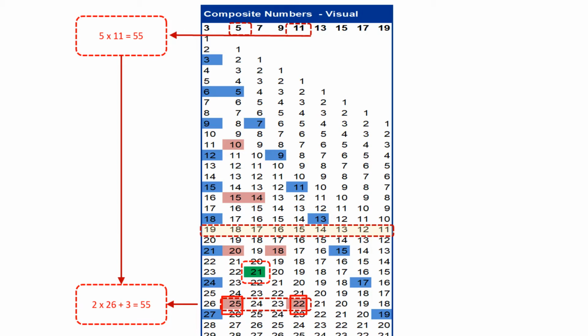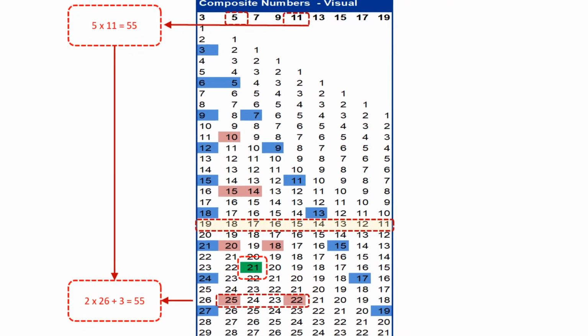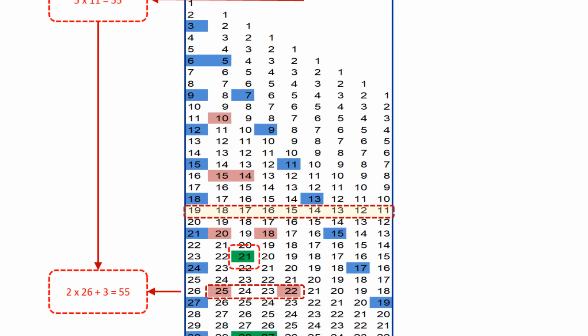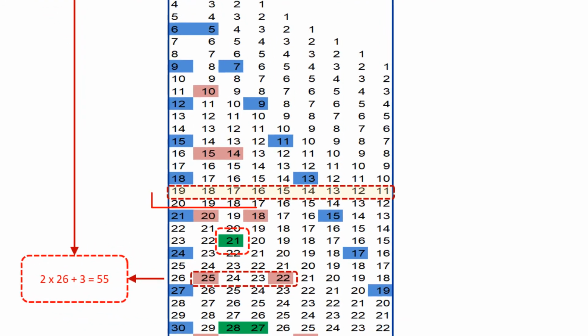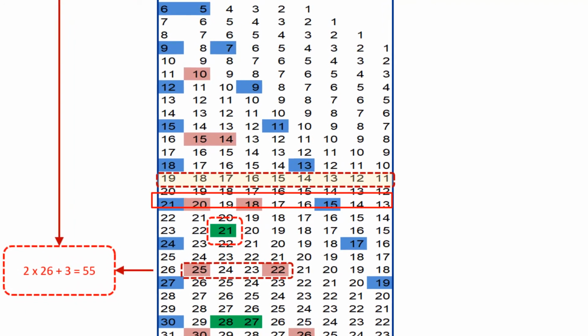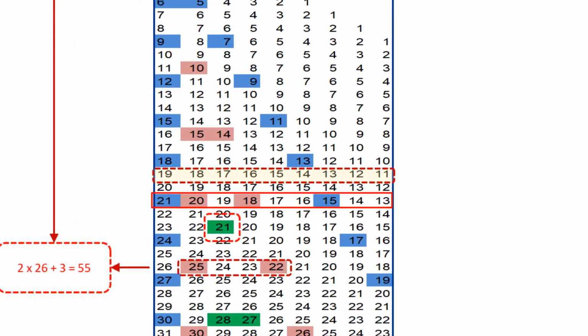So for every row that you pick here, you can calculate the number by multiplying the number under the first column by 2, plus 3. If you look at 21 under column 3, you multiply that by 2, which gives you 42, plus 3 is 45.